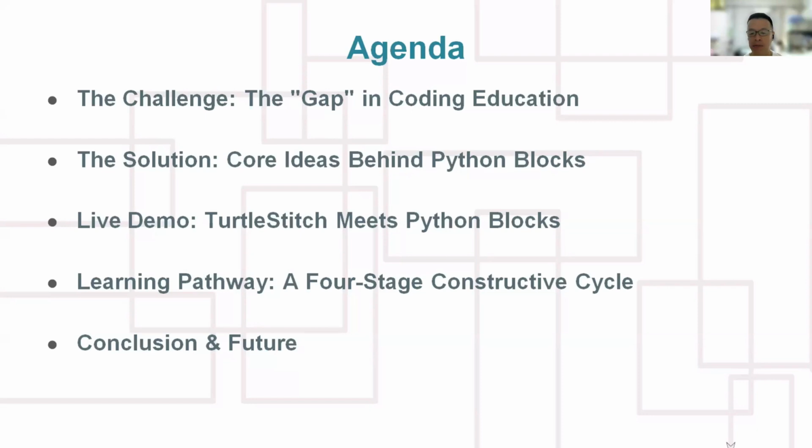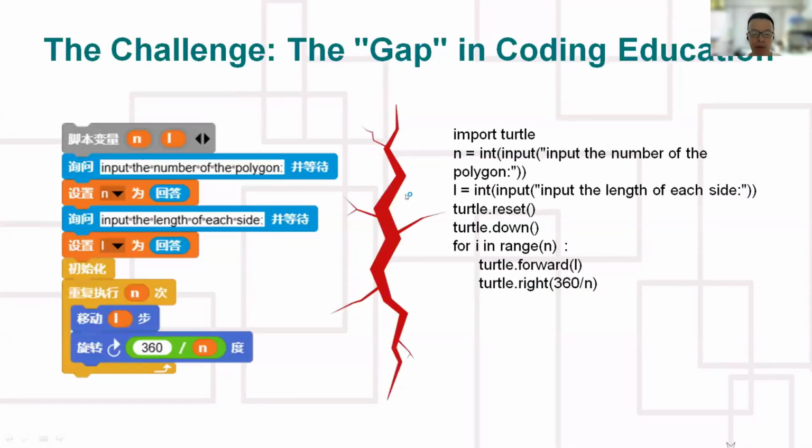It seems a little bit weird, but my answer is that my students program in Chinese. On the left side you can see the blocks in Chinese, and on the right side is the Python code.